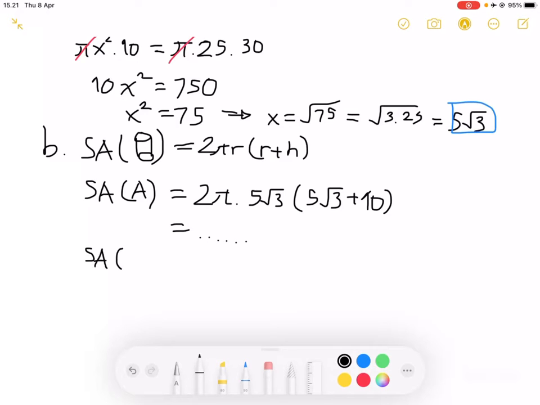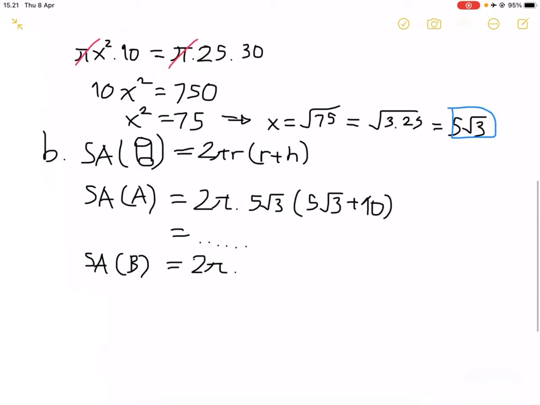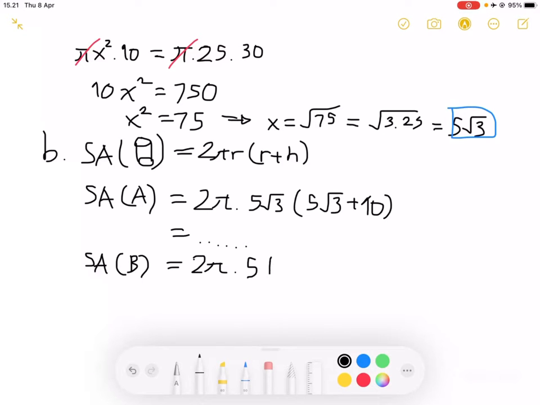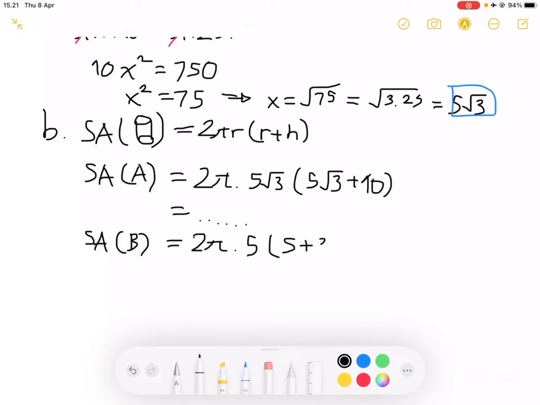While on the other hand, the surface area of cylinder B is 2 pi times our radius, which is 5 in this case, times all we have 5 plus our extension length over our height, which is 30.